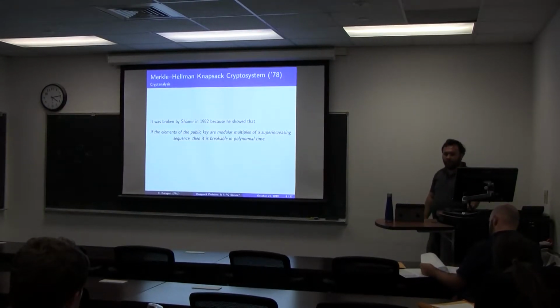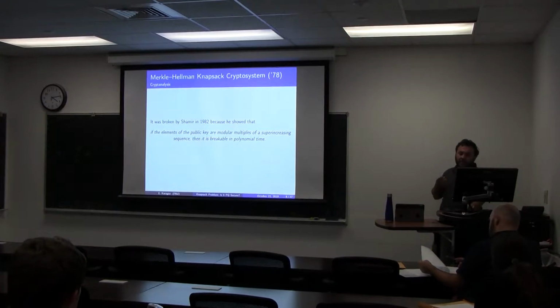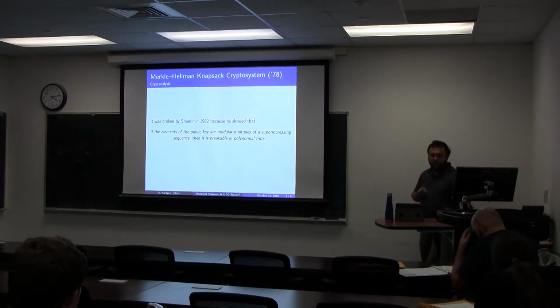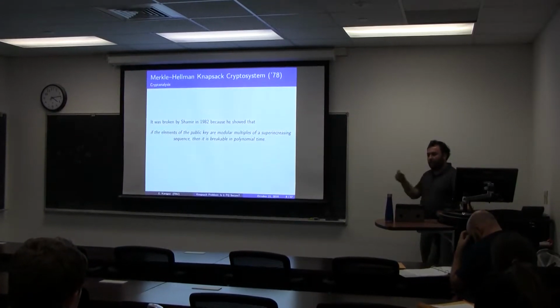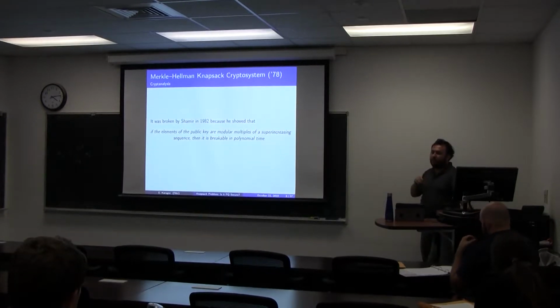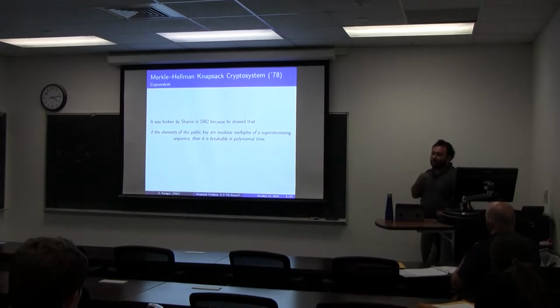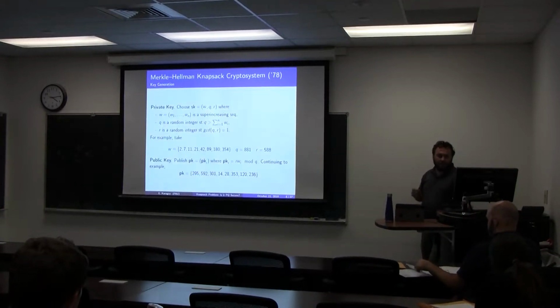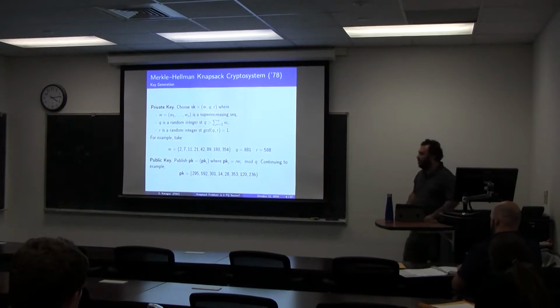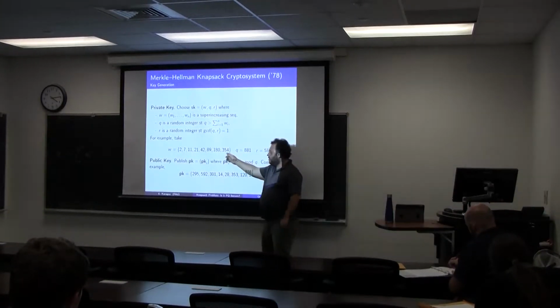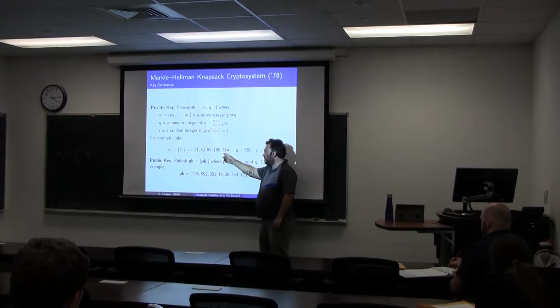It was broken by Shamir in '82 because he showed that if the elements in your super increasing sequence are multiplied with a number, okay, it can be broken in polynomial time. Remember, this was our private key, part of the private key, the super increasing sequence.